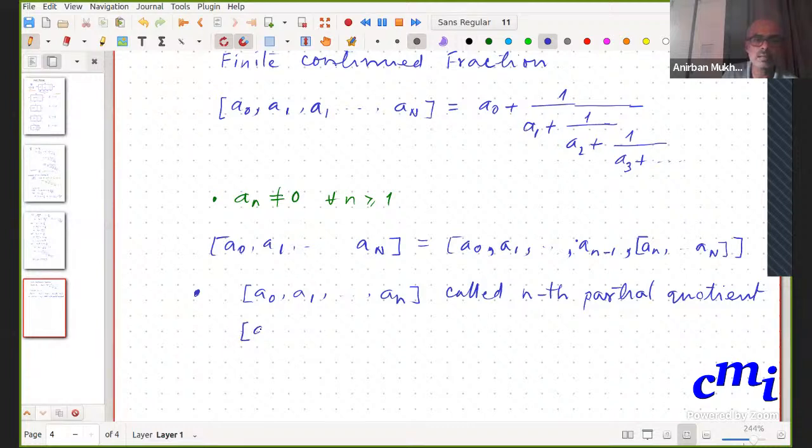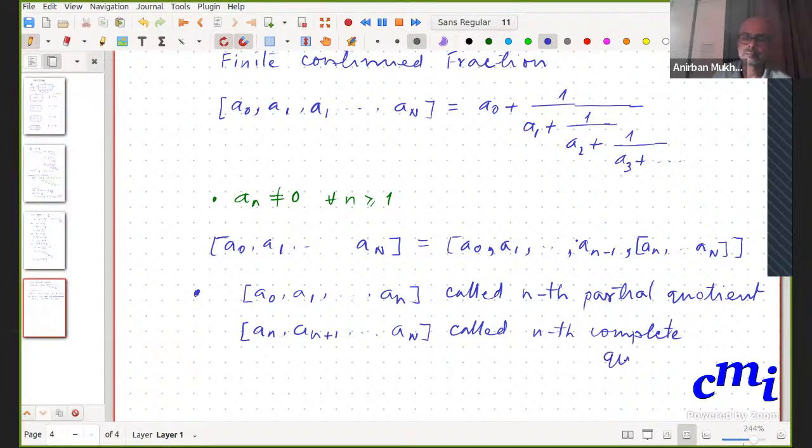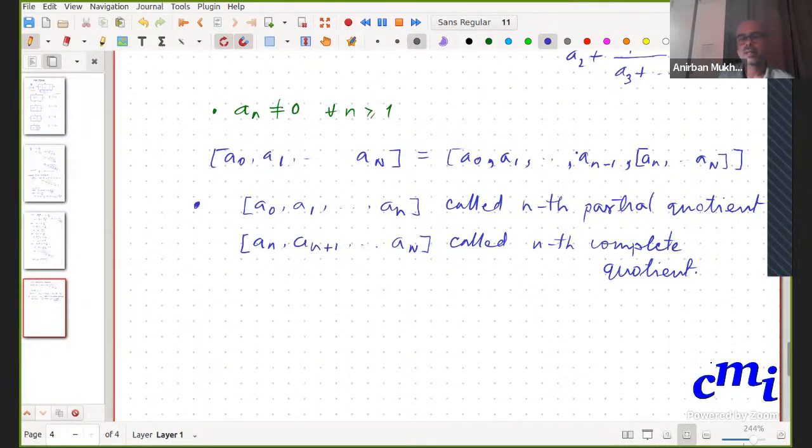And this part, the rest, A(n+1) to AN, this is called nth complete quotient. So these are the names we are going to use: complete quotient and partial quotient.